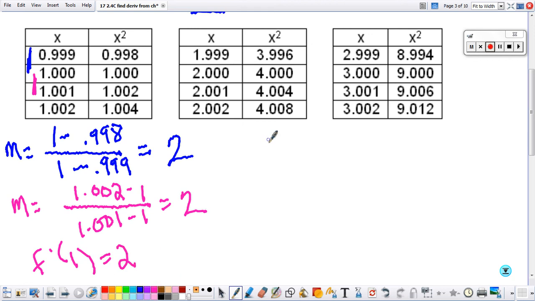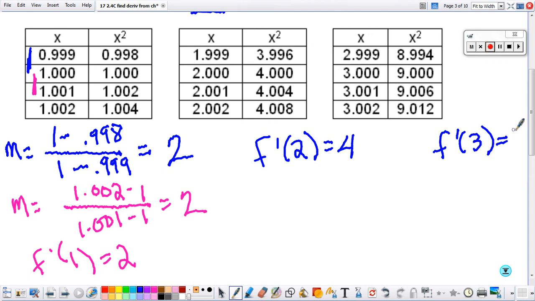Now, if you trust my slope calculations, we would get the slope at 2 to be 4, and we're going to get the slope at 3 to be 6. And I would calculate that by doing y2 minus y1, x2 minus x1 from the left and from the right, and see what they're approaching.